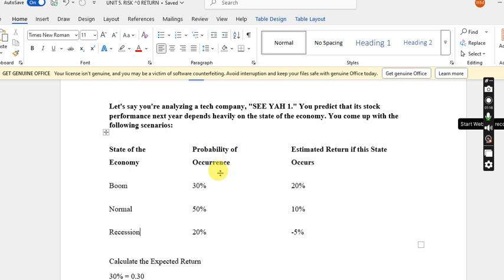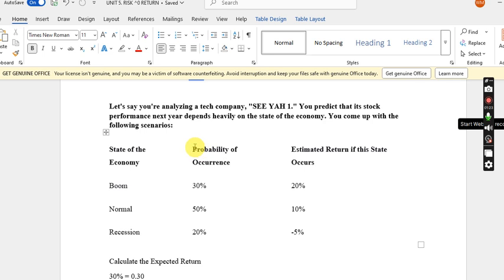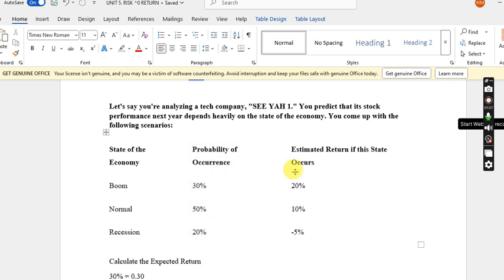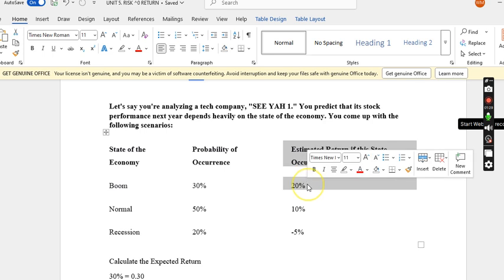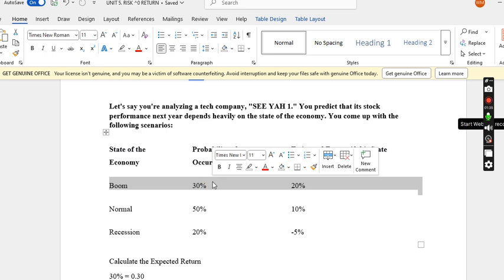So you have the probabilities. When the economy is doing well, the probability is 30%, and the return here is 20%. So what this is telling us is that if you buy shares in CR1, there's a 30% probability that you can earn a 20% return on these shares.